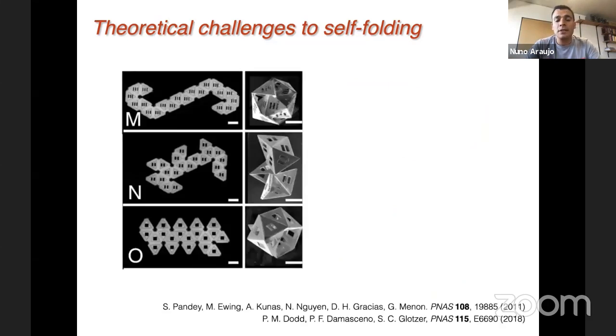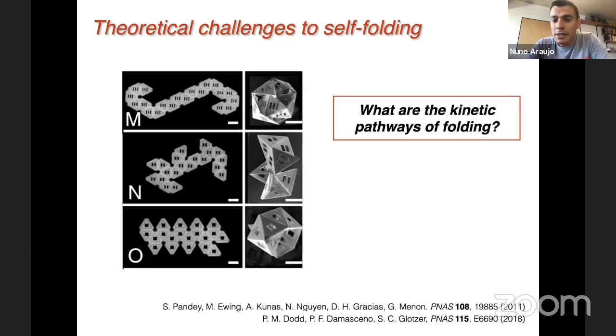What has been shown, both experimentally by a group at Johns Hopkins University and with some direct numerical simulations by the group of Sharon Glotzer at the University of Michigan, is that the final folded configuration depends not only on the net that we start with, but also on the experimental conditions, in particular the temperature, or if the temperature changes along the process.